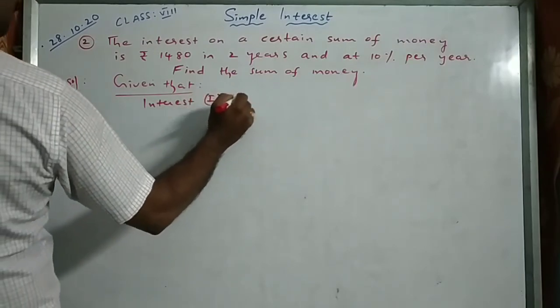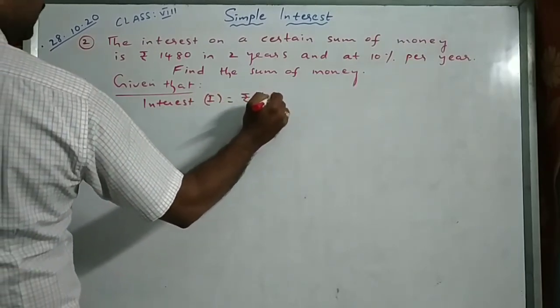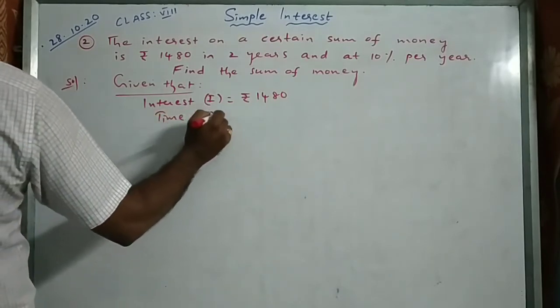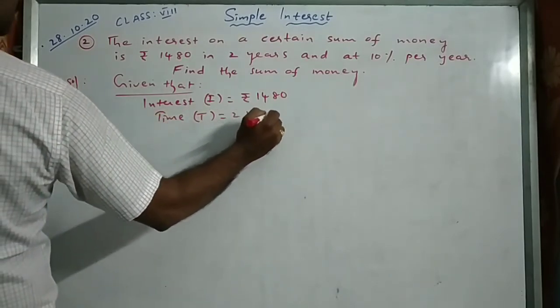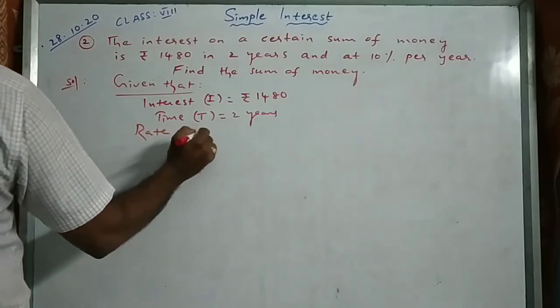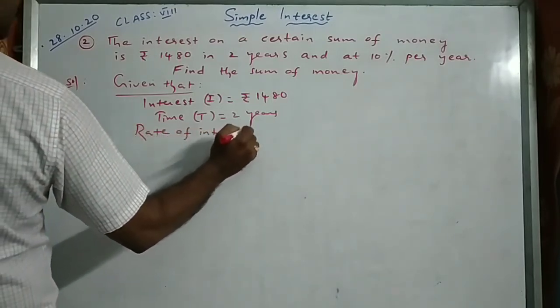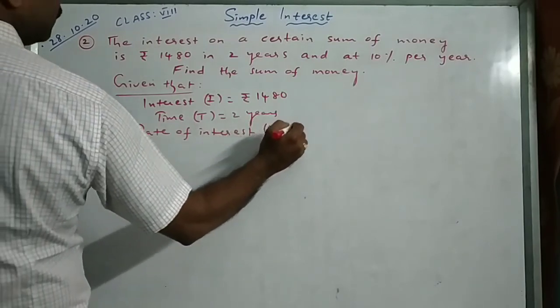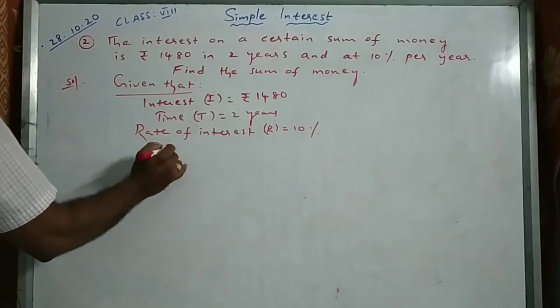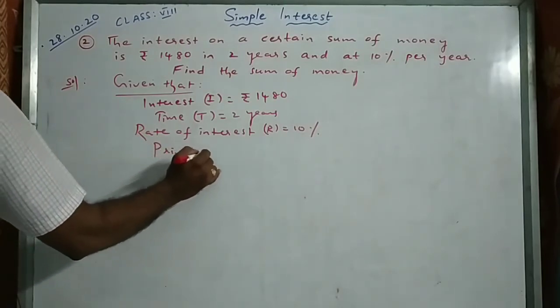I is equal to rupees 1480. Time is also given, 2 years. Rate of interest R equal to 10%. Principal amount, you should find this.